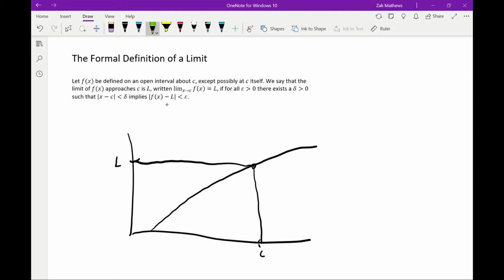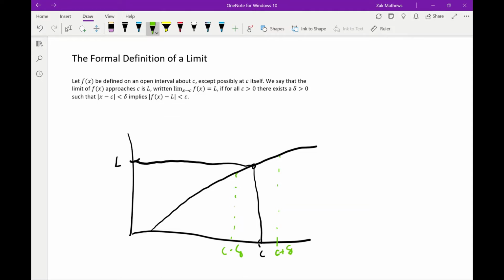So what I'm going to do is set up what I call a delta neighborhood around this c. So this would be c minus delta and c plus delta, the delta neighborhood around c.